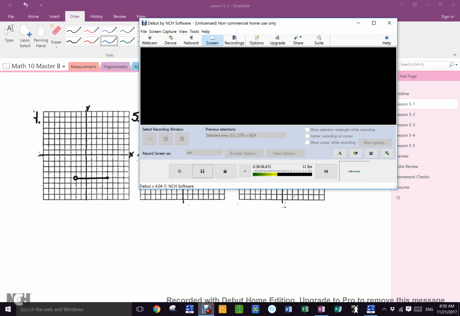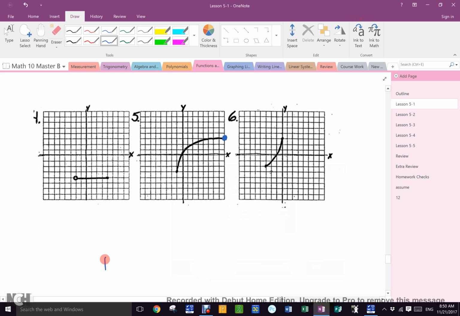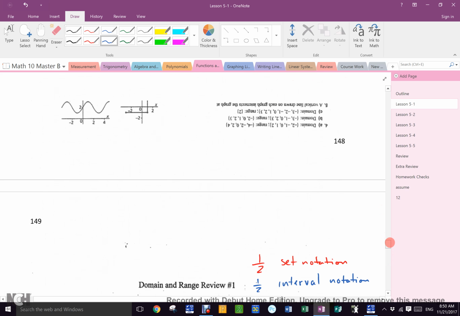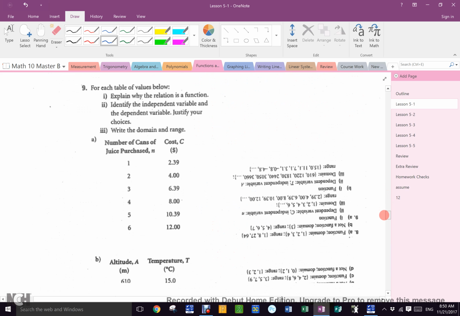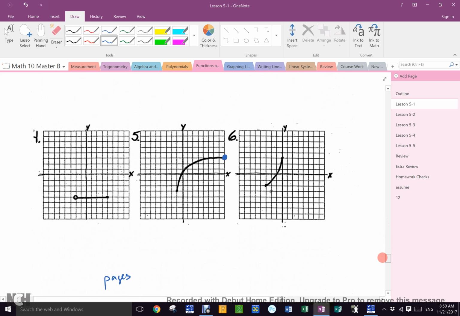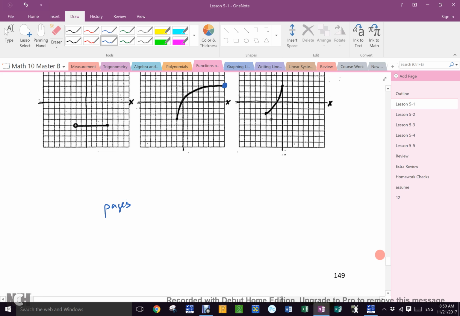Stop recording. Oh, wait. I'm not going to stop recording yet. So you are working on pages 147 to 150. 147 to 148 are textbook pages, so they've got the answers there.